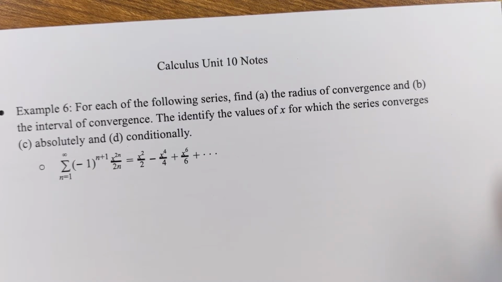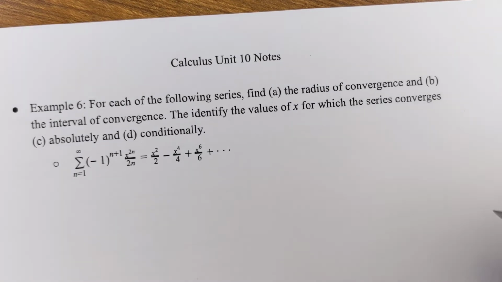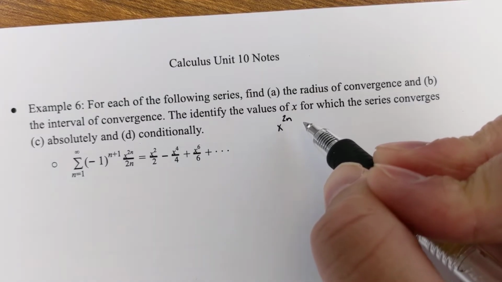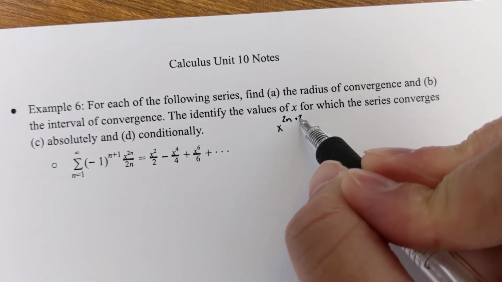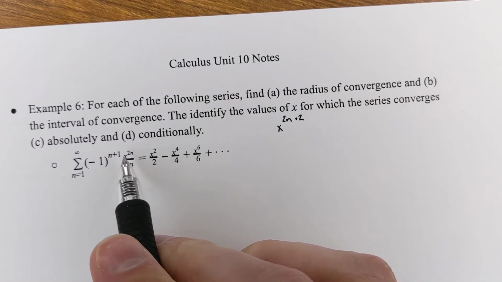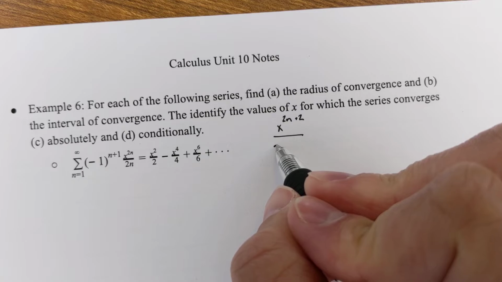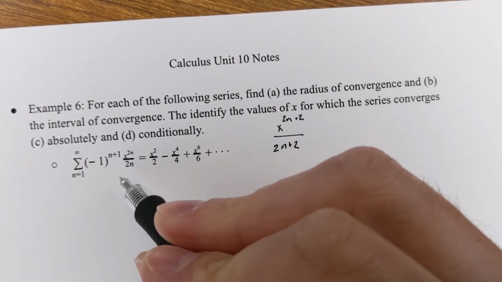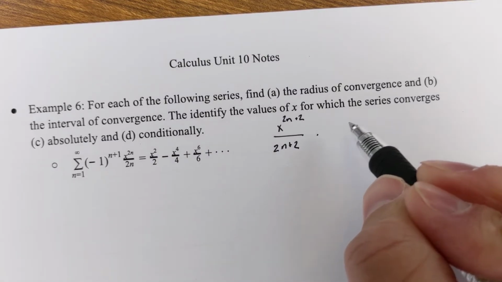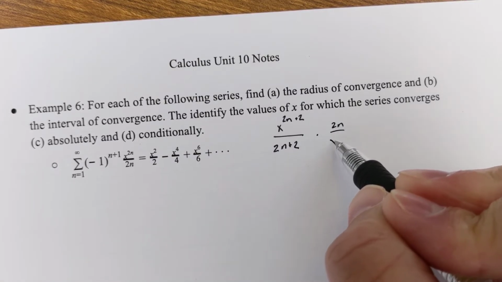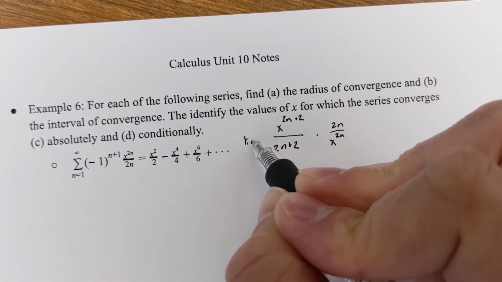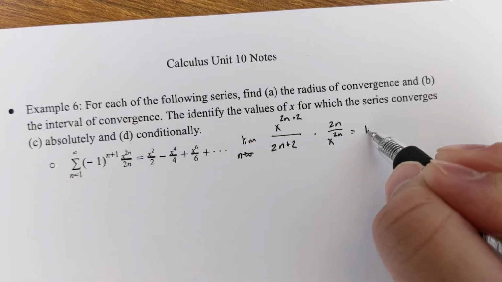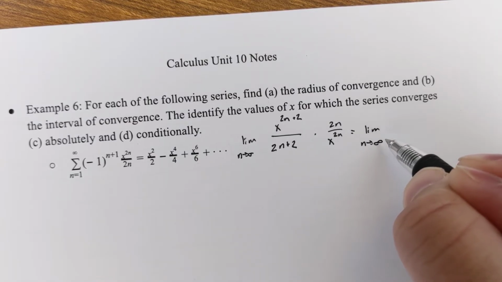Okay, so let's see here. Ratio test: we take a_(n+1) over a_n. This is going to be 2n plus 2, because the n becomes n plus 1, and then that 2 distributes over. So n becomes n plus 1, and then we multiply by the reciprocal of the original, and this is the limit as n approaches infinity.